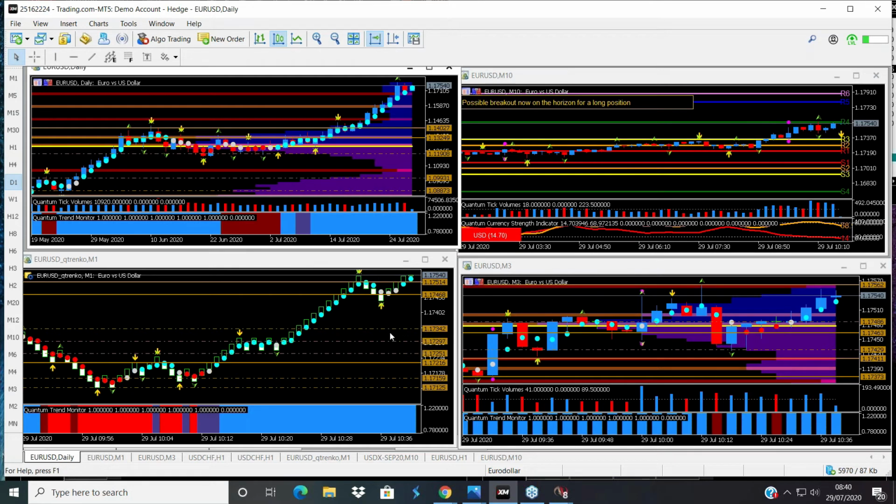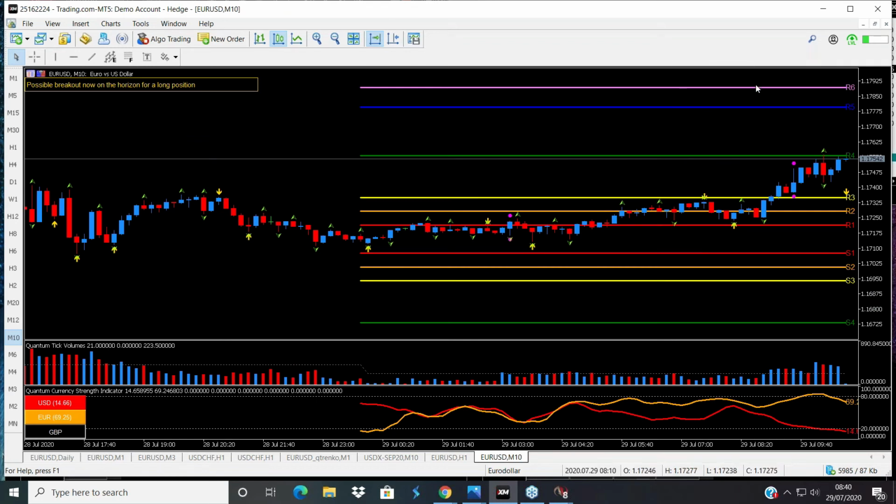So using non-time based charts, volume price analysis, and hopefully our indicators, understanding the significance of the different levels in the different time frames should give you enough to be able not only to take a trade, but more importantly, going into the market is not actually the most difficult thing.